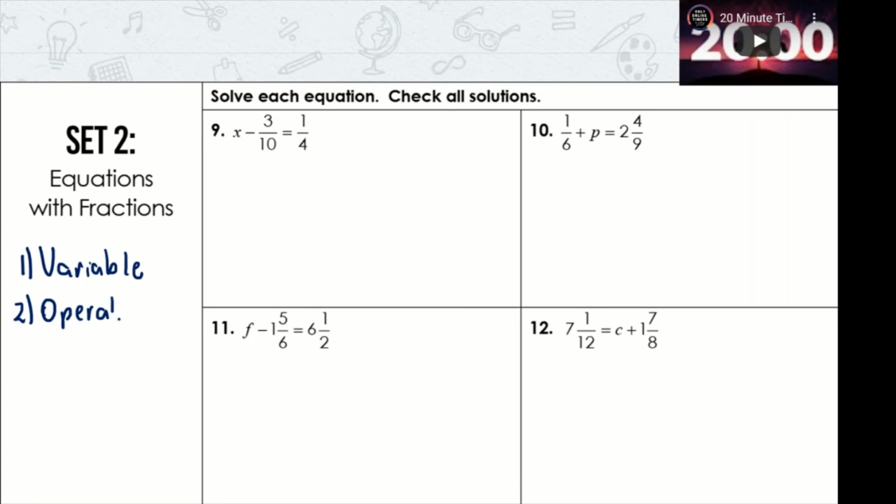Step number 3: inverse operation. Step number 4: check. You need to check. Here are all the steps. The same thing for everybody, any kind of equations, guys.